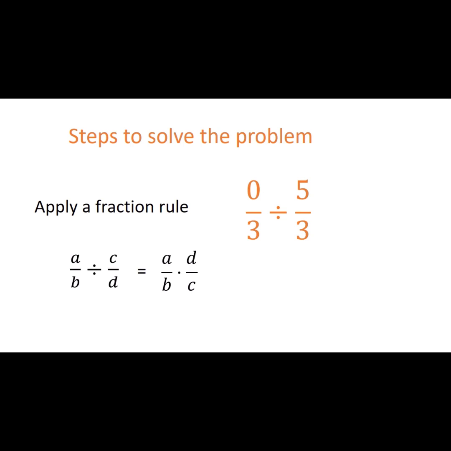When you have a division in the form of A over B, divided by C over D, we look at the right side, C and D, and turn it into a multiplication by the reciprocal. I did a similar problem 2 days ago. So we flip it upside down, and D becomes the top and C becomes the bottom.